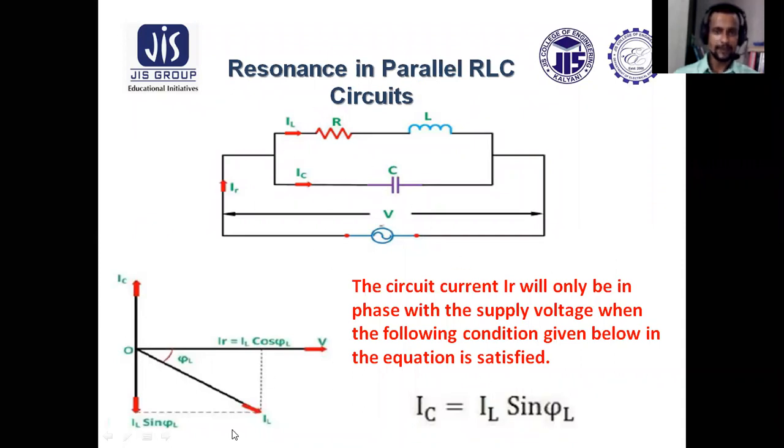So the main thing, which we already discussed in earlier class, is that to operate a circuit in resonance, there should not be any reactive or imaginary part of current. So here these two imaginary currents are in opposite direction, so one should neutralize the other to make the circuit purely resistive, or to make voltage and current in phase.